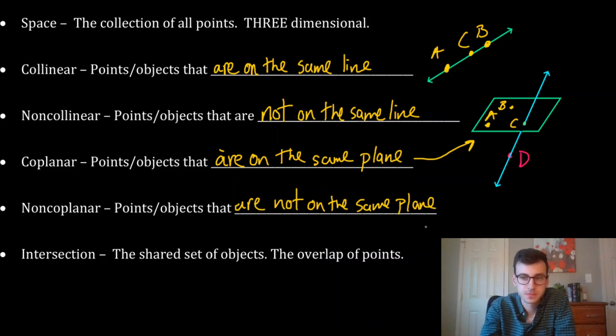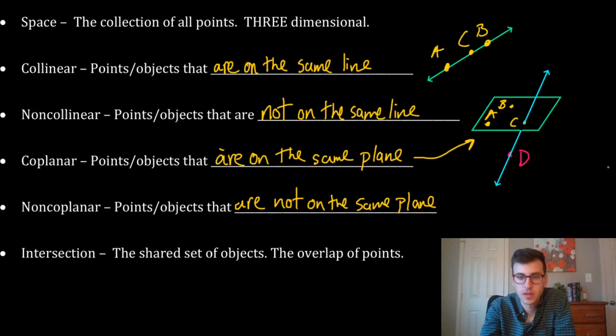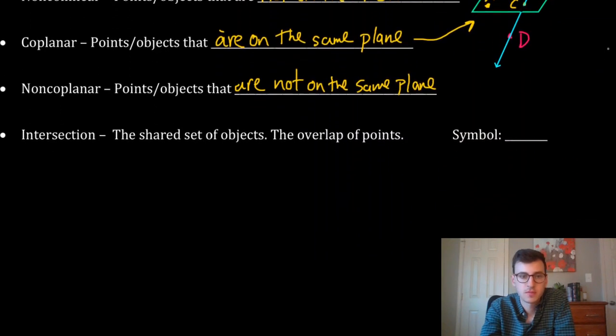Okay, let's do the last one. Intersection, the shared set of objects, the overlap of points. We'll talk more about this later, but intersection has a symbol like this. That's our symbol for intersection.